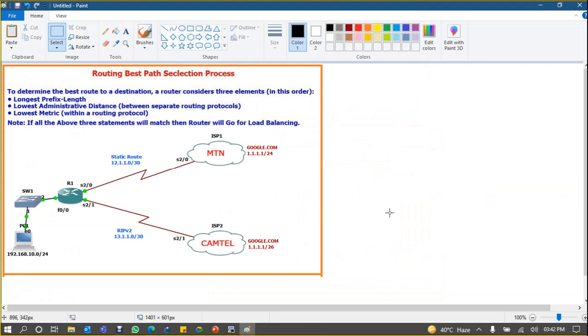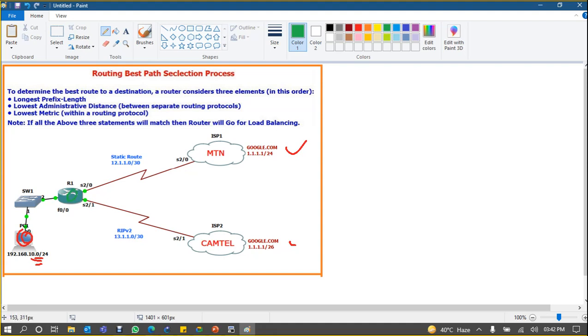Now if any data is coming towards router 1 from its own network, this is the router 1 network. So this computer wants to communicate with Google.